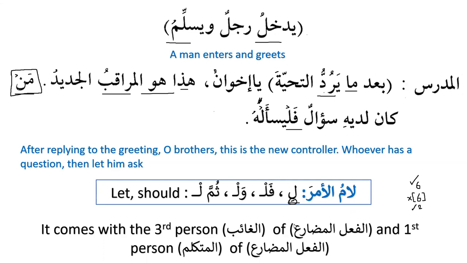Okay, now if you look at the example from the Quran in Surah Al-Alaq, verse number 17, فَلْيَدْعُ نَادِيَهُ. So if you open your Mus'haf, you will see that this is fal, so the lam will be sakin, and we know that it is basically yad'u.